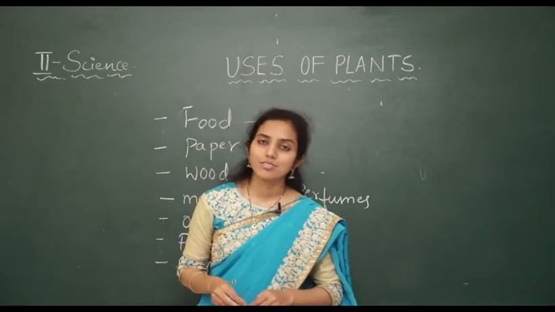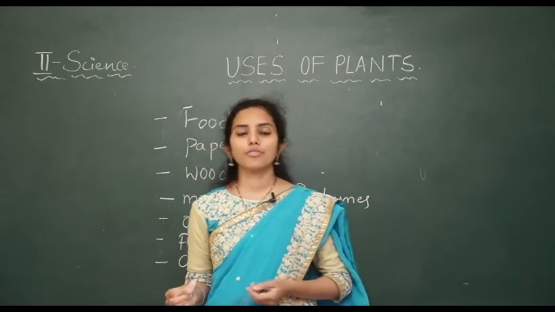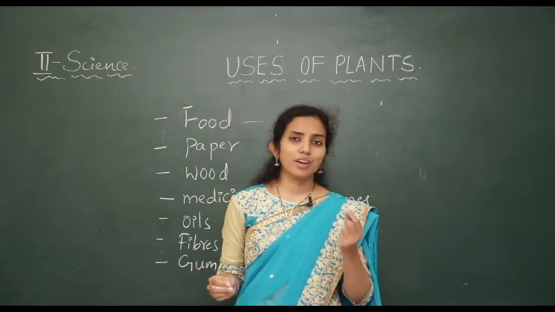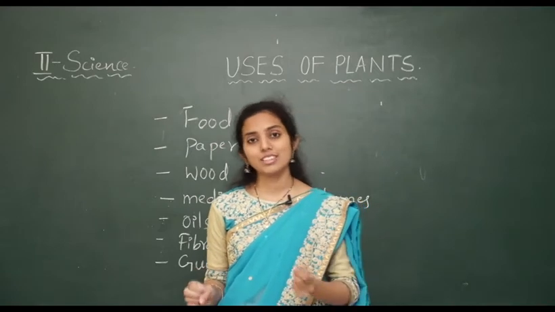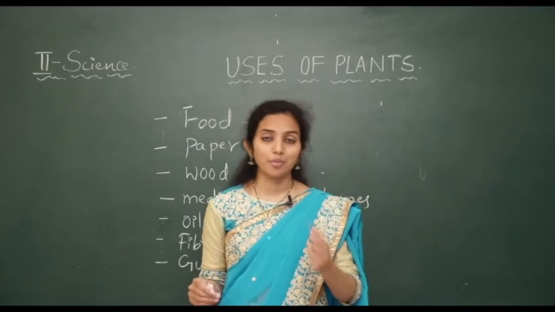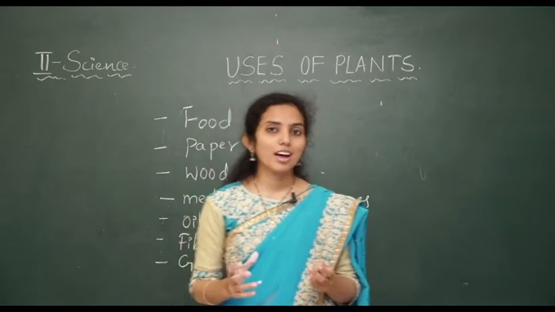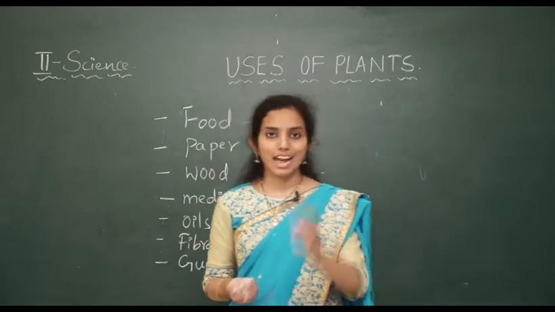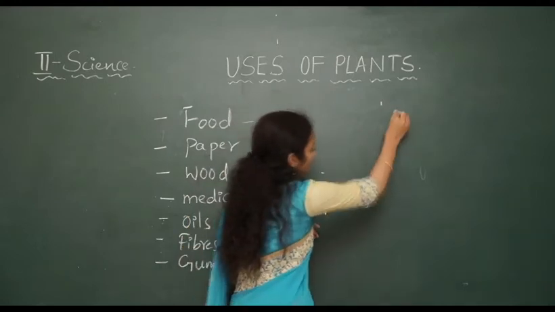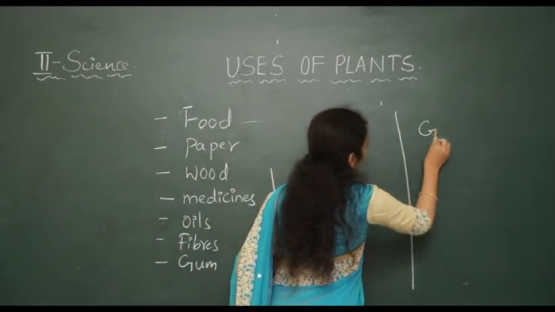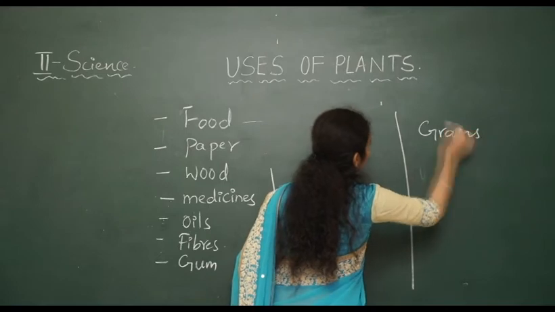Then pulses. What are pulses? All of you know. At least once or twice in a week, or in some houses every day, we like to eat dal. So what is dal? Dals are grams.